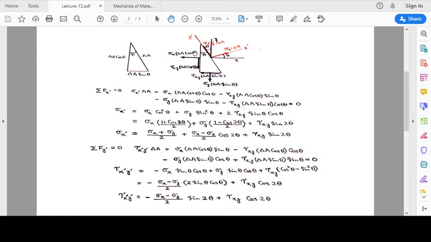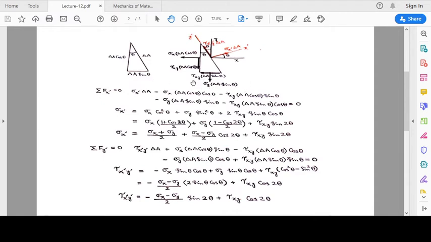The normal stress on the vertical plane is sigma x, so we multiply sigma x with the area over which it is acting, which is delta A cos theta. Similarly, the shear stress on this side is tau xy, so again tau xy is multiplied with delta A cos theta. On the bottom face of the triangle, which is the horizontal plane, perpendicular to this is the y-axis, so the stress is sigma y, acting over an area delta A sin theta.